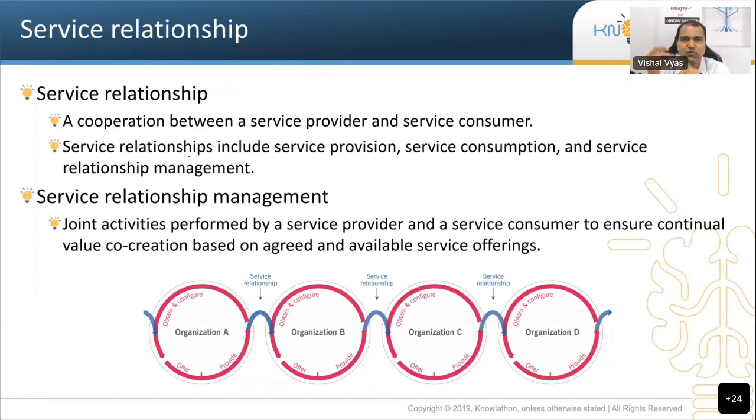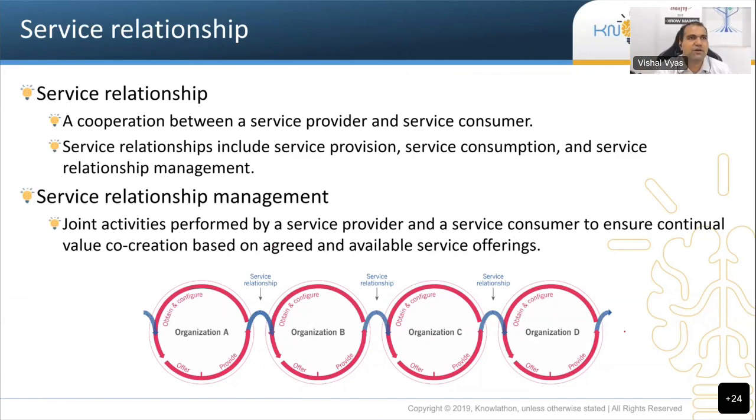Service relationship management is joint activities performed by service provider and service consumer to ensure continual value co-creation based on agreed and available service offerings.